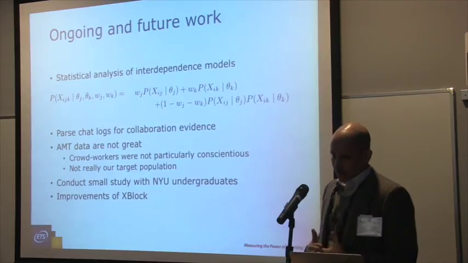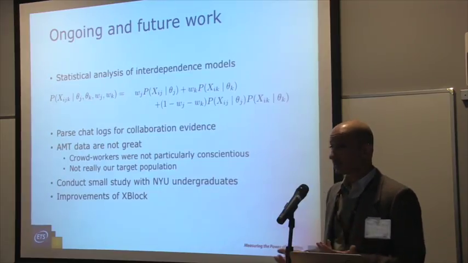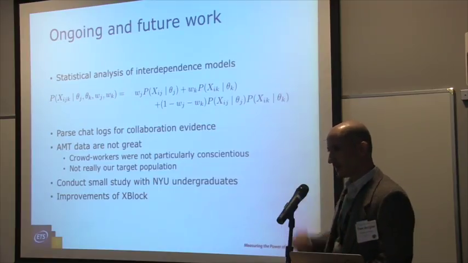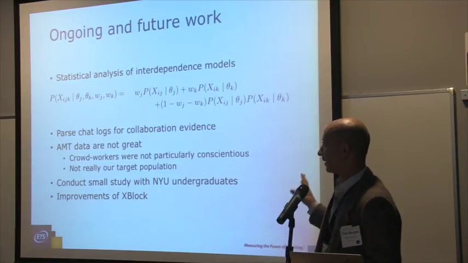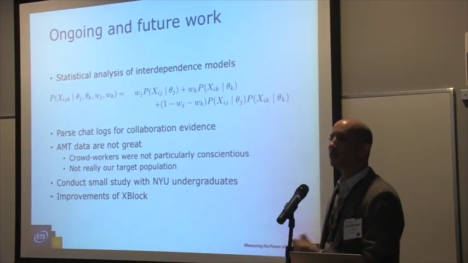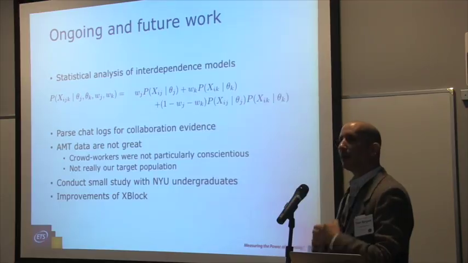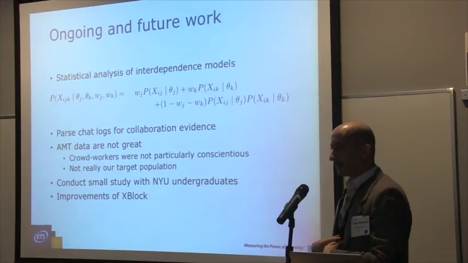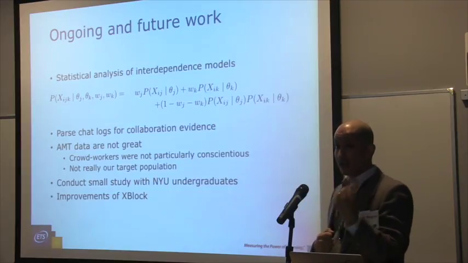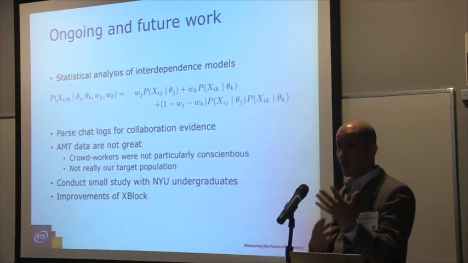More ongoing work with this is that we have a statistical model. And if you're not a statistical model person, I won't spend a lot of time on this equation. But basically what this represents is a certain family of interdependence models between my expectation that I have the ability to get a problem right, and yours, conditional on our math ability.